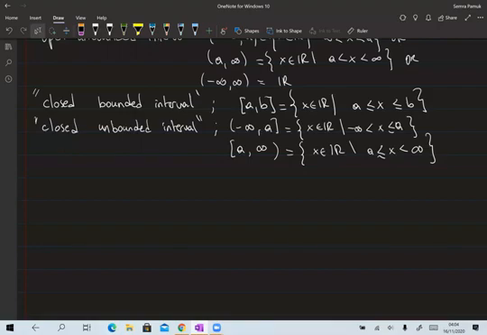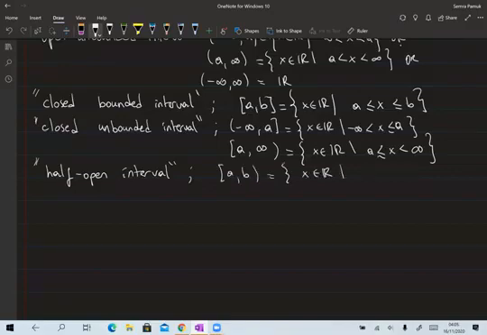And what else? We also sometimes have half intervals, half open or half closed, whichever you call them.